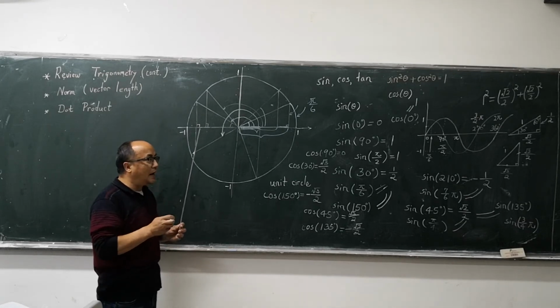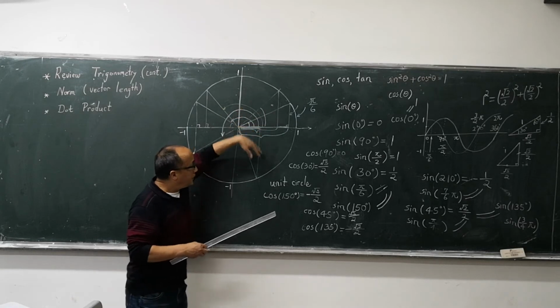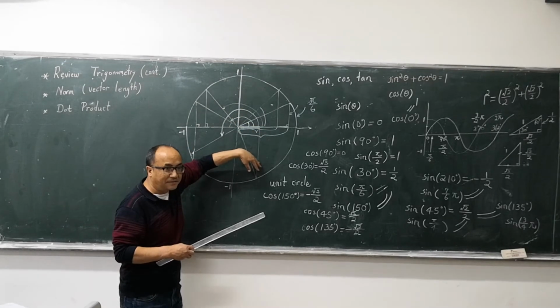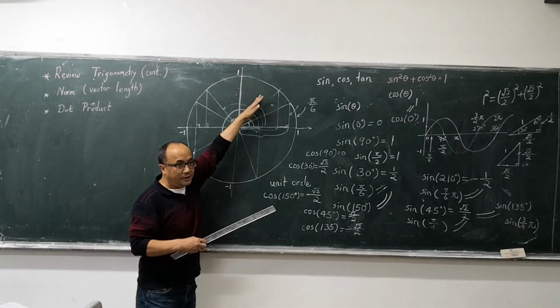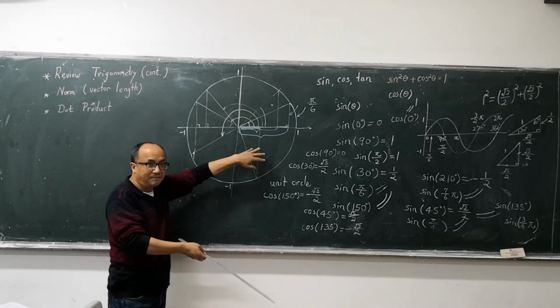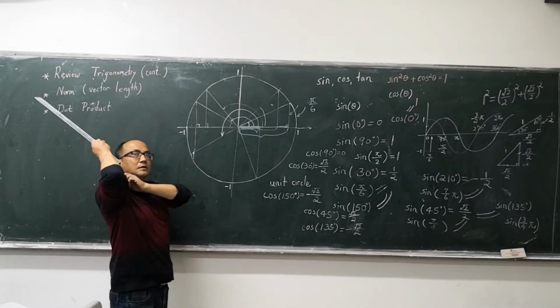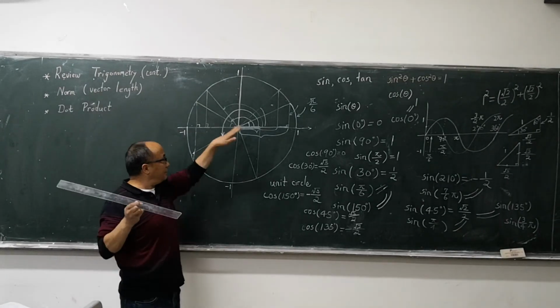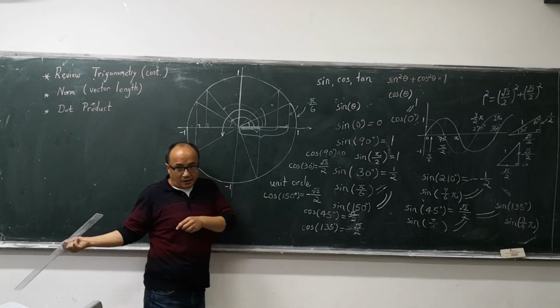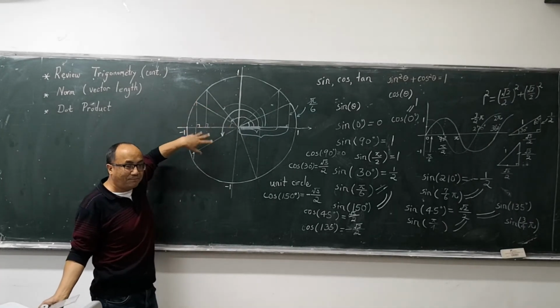So for cosine, here or here are positive. On the back, here or even there, are negative for cosine.